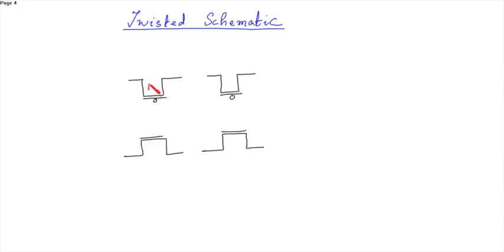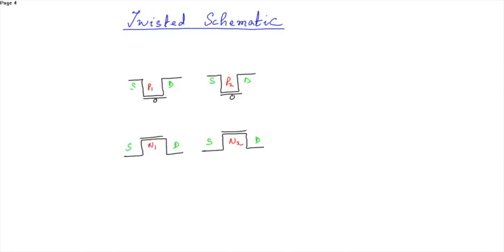So write it as P1, P2, N1 and N2. This is the source, this is the drain, source, drain, source, drain. This is the source and this is the drain.